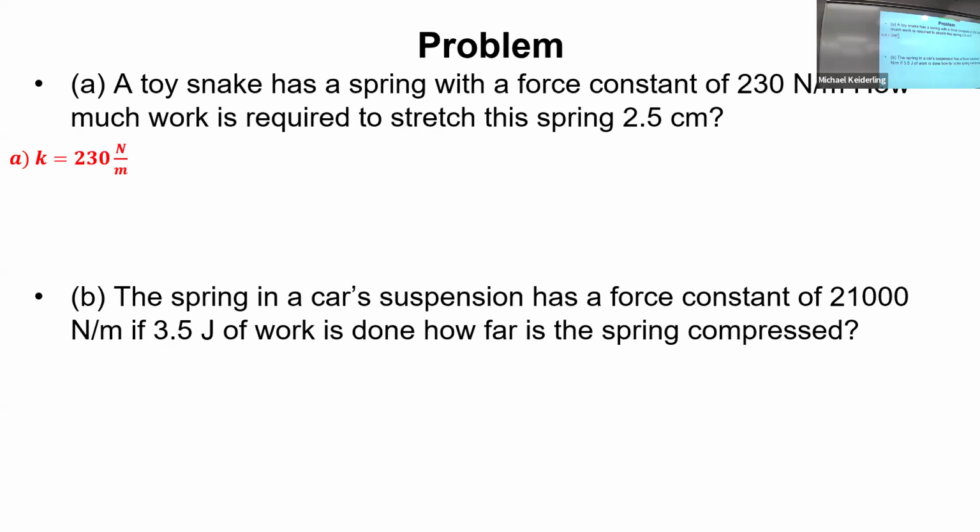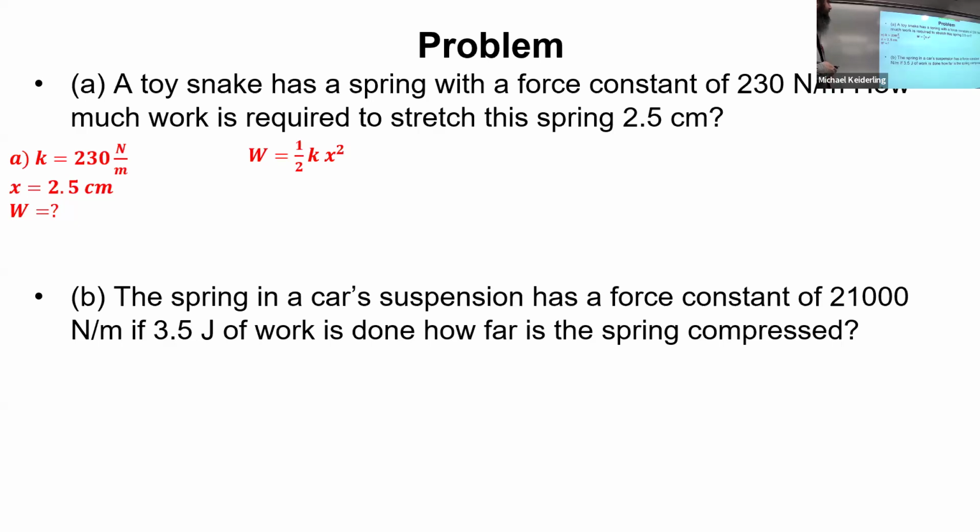So here, for our first problem, k is 230 newtons per meter. x is 2.5 centimeters. We want to find the work to stretch this spring. So work is 1/2 kx squared.